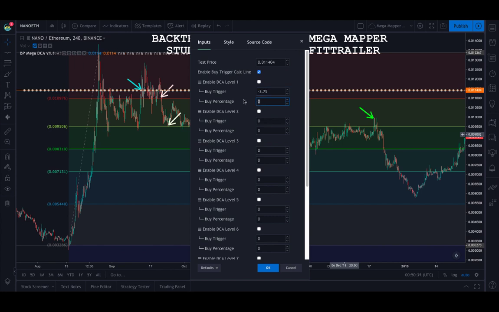And so just for ease of demonstration, we'll make the buy percentage 50%. So every time you make a purchase, you'll be purchasing half as much of your current holding at that time. And keep in mind that if you change your buy percentage, it's going to change your calculations because it changes your average price.